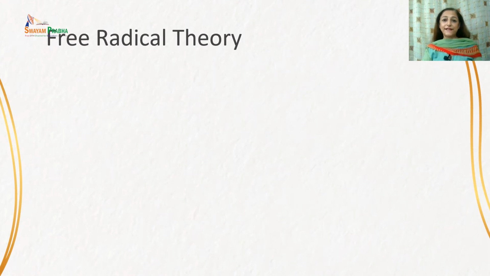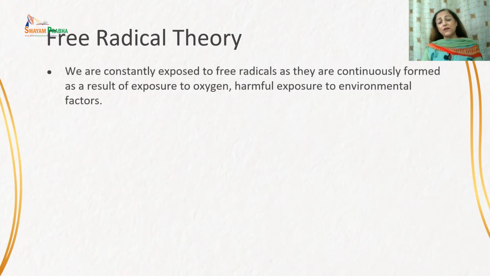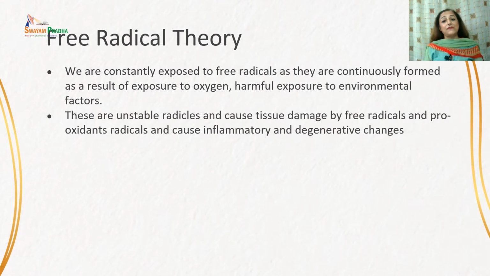According to free radical theory, we are constantly exposed to free radicals, as they are continuously formed when we are exposed to oxygen or harmfully exposed to certain environmental factors. These free radicals are unstable, and they cause tissue damage and damage to various parts of our body.